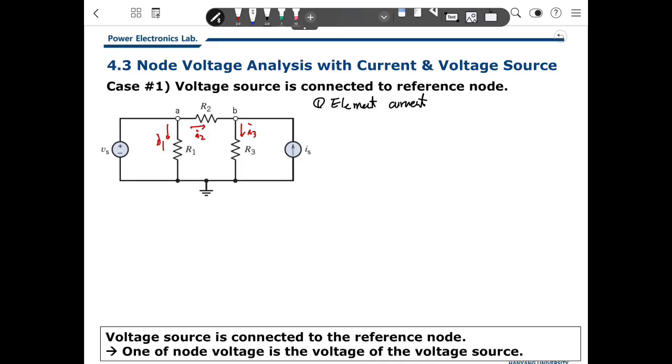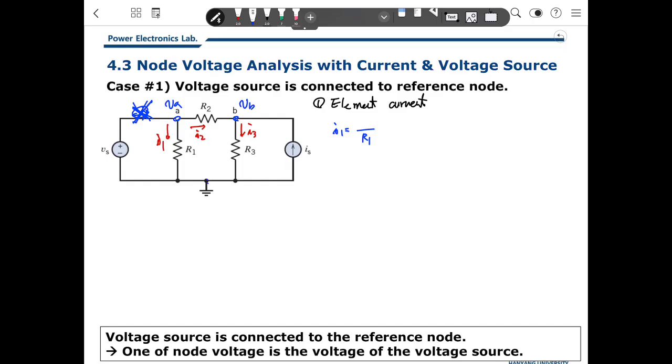Then, what is the current through the current source? We cannot know IS. I will not define that current because we cannot calculate it, so in this case I forget it. And I1 is the same as before. This is node A, VA, and this is node VB.